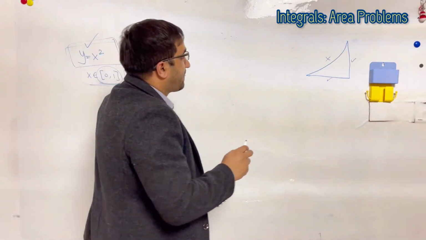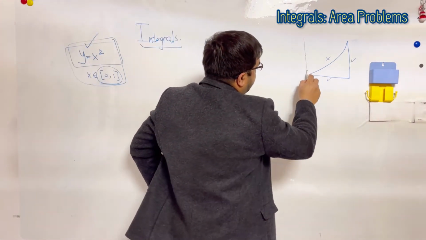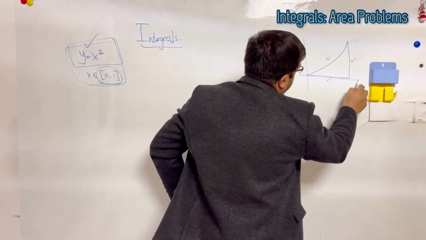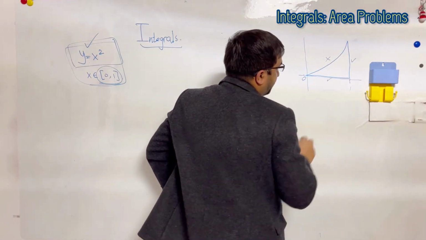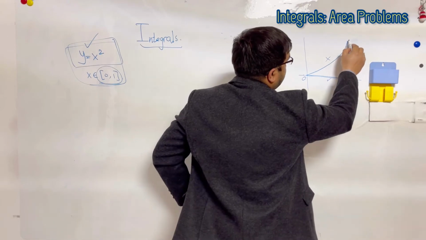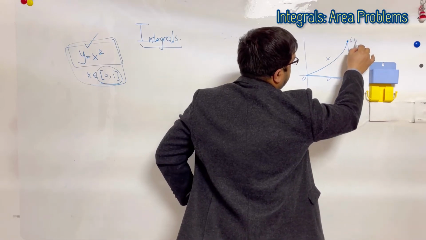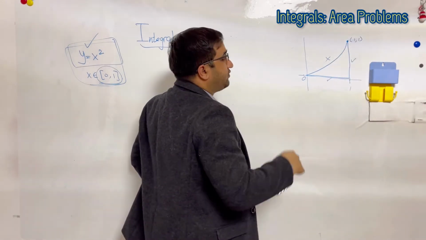Now, one thing. If you look at the coordinate system, the coordinates are like this. This is 0, this point is 1. Corresponding to this one, this point is, of course, 1, 1, and you know this.